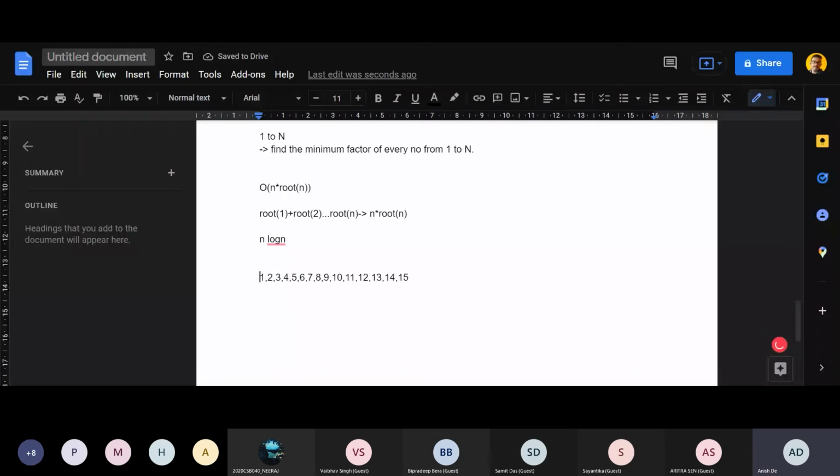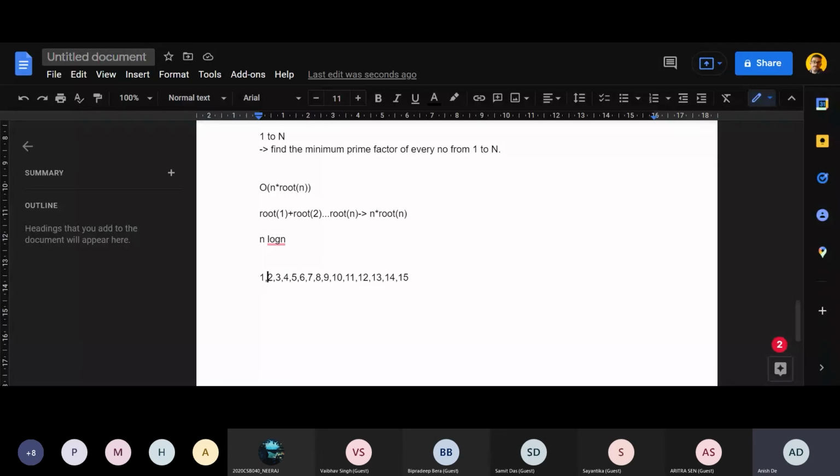Let's not take the minimum factor, because the minimum factor will be 1 for every number, right? So let's say minimum factor excluding 1, or minimum prime factor. 1 is not a prime number, so we skip it.